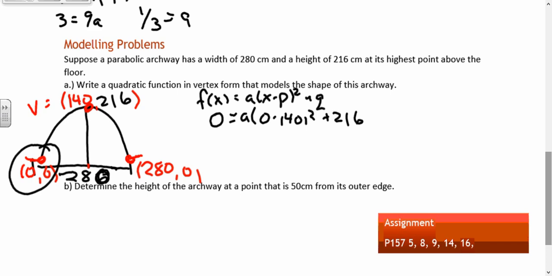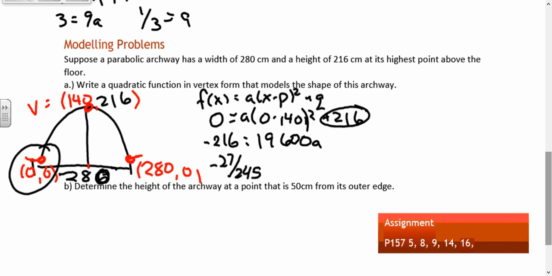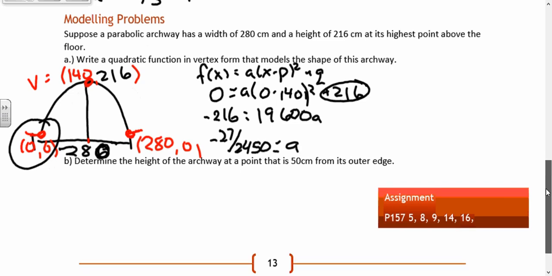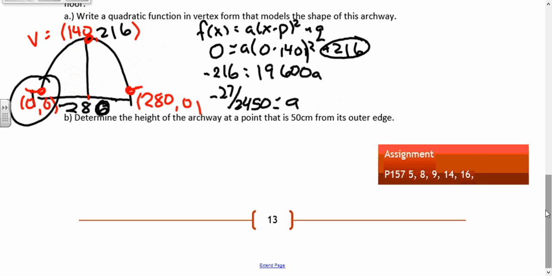So then we should get negative 216, because we're going to move this over, is equal to 19,600a. We're going to leave this in fractional form when we divide, so it'll be negative 27 over 2,450 is equal to a. Then you would finish that up, make sure that you write out the equation, remembering that that is the a value.